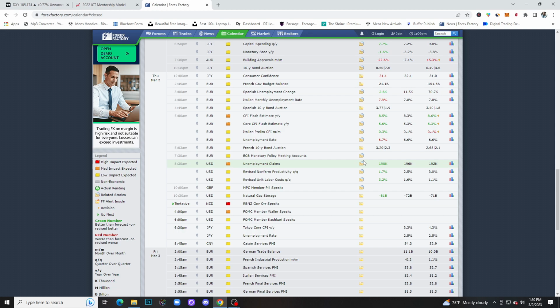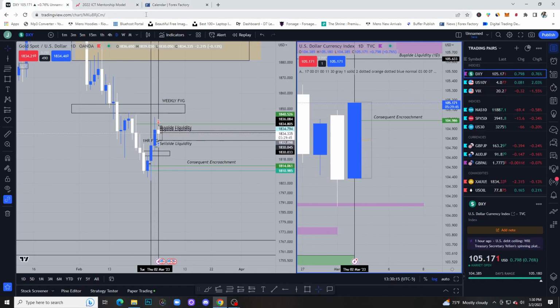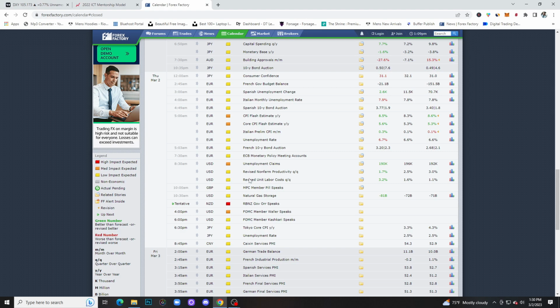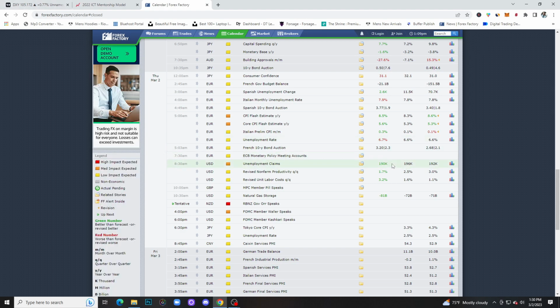So any type of economic data that shows the economy is slowing down is basically going to be good news for the dollar. Although unemployment claims aren't necessarily a high impact news event, as you can see from the color of the folder, it's a medium impact news event.